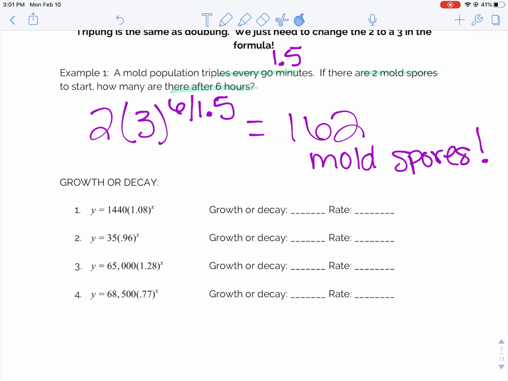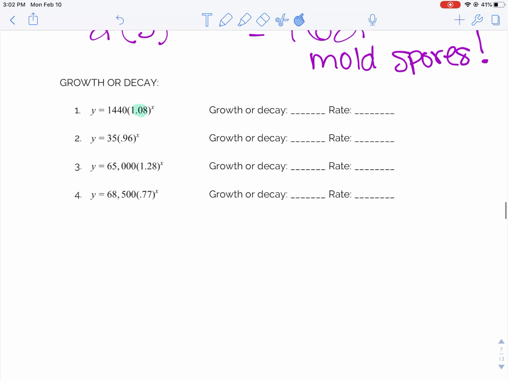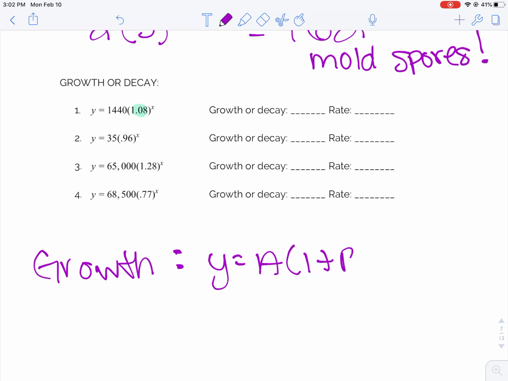The last thing I want to look at is if they gave us a function and they said, tell if it's growth or decay. So remember, if you look at the number inside your parentheses, if it is bigger than 1, you know that it is growth, okay? So growth was y equals a times 1 plus my rate raised to my time.